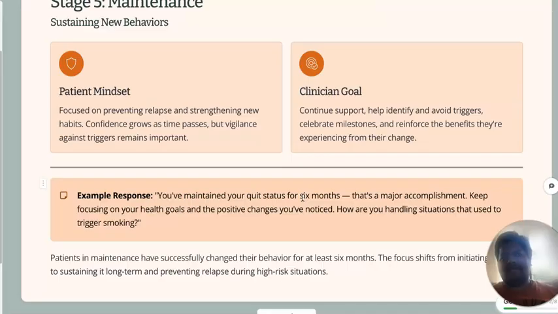If he talks about finding difficulty with avoiding specific triggers, then you must try to help him identify that trigger and try to avoid it. And also, you can always celebrate the milestones and reinforce the benefits they are experiencing from the change.